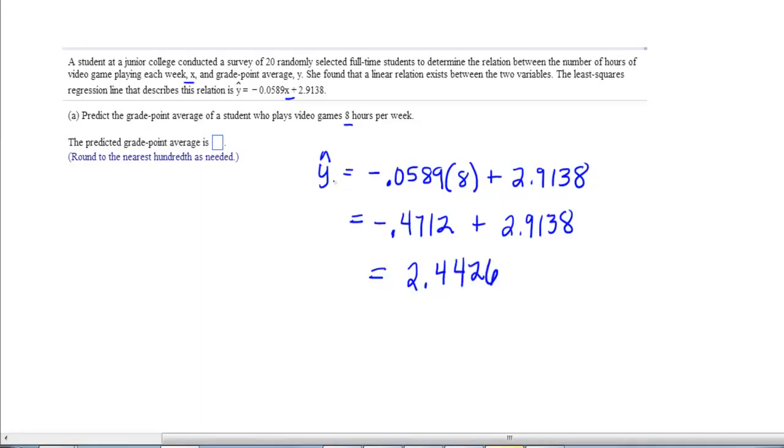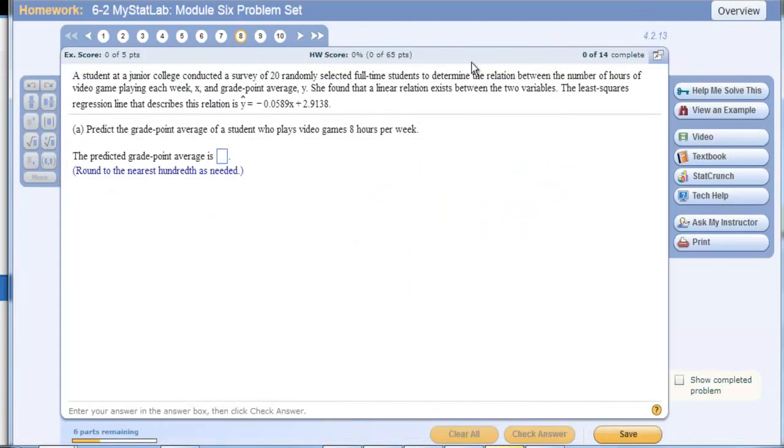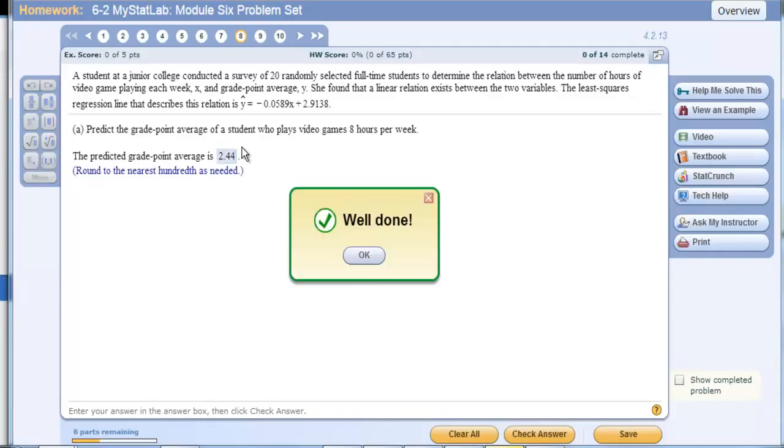The value for Y is the GPA. So now it's asking for the GPA rounded to the nearest hundredth place. So let's go and put this in. 2.44. So still a high GPA.